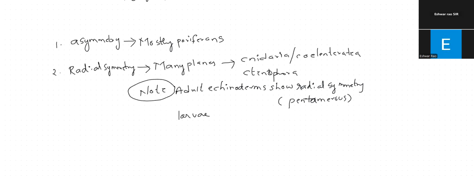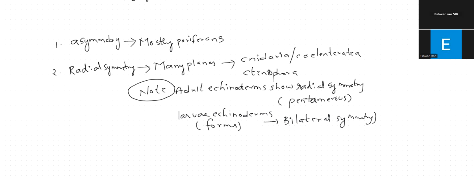Whereas the young ones, the larval forms of echinoderms, exhibit what type of symmetry? Bilateral symmetry. See here, it has bipinnaria and brachiolaria types of larva where they exhibit bilateral symmetry.